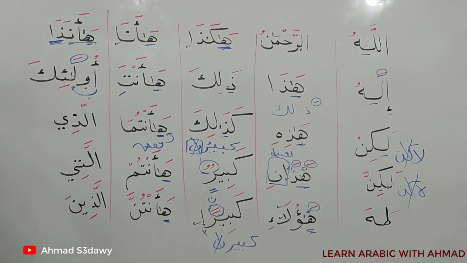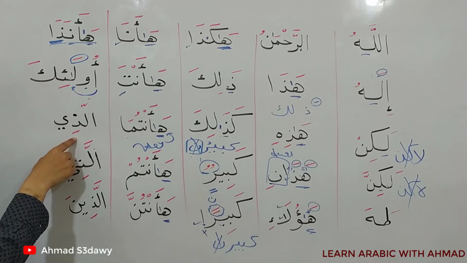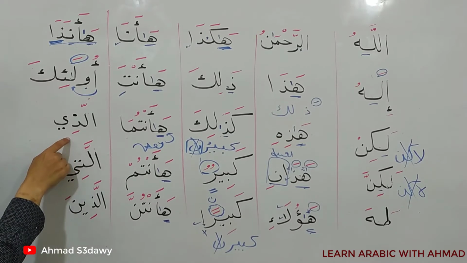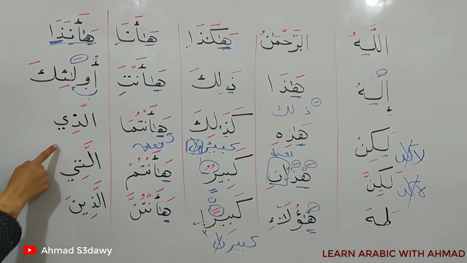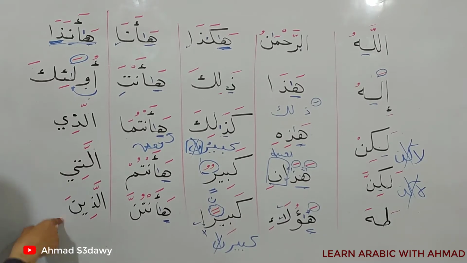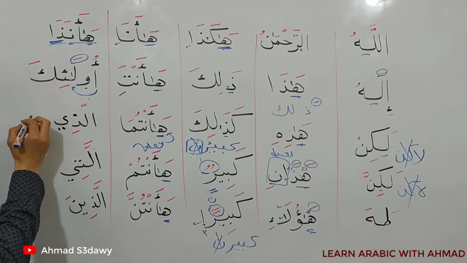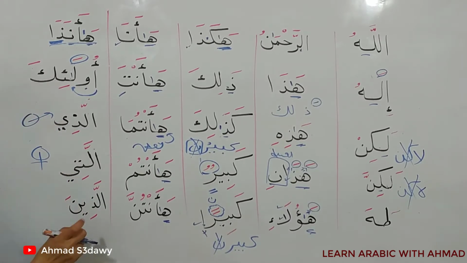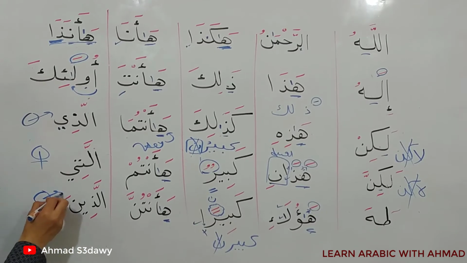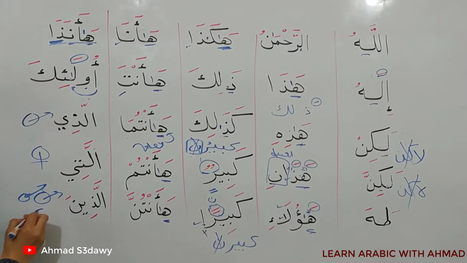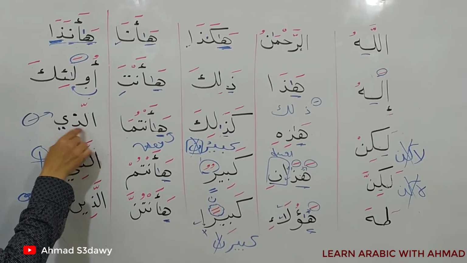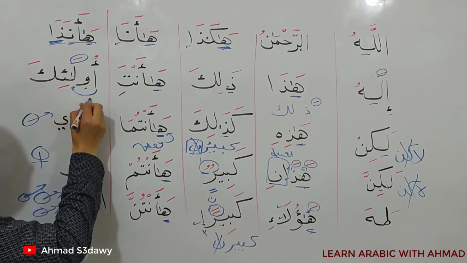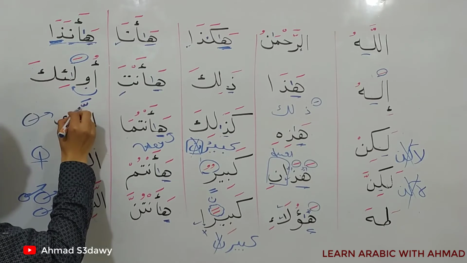Here we call this الذي, التي, الذين. They are called الأسماء الموصولة. Actually, it means like that or who or which. So this who or which or that is الذي or التي or الذين. الذي for singular masculine, التي singular feminine, الذين for plural masculine. And here we say الذي. So here you can find that there is shadda with fatha.